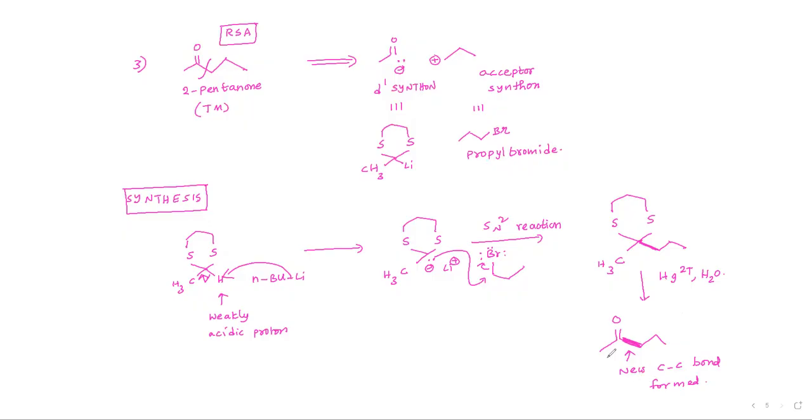There is another method also for this 2-pentanone. See how you can enjoy the chemistry like anything. Once you know the fundamentals, you can enjoy the chemistry. Suppose you go to any interview, then you can explain all these methods.